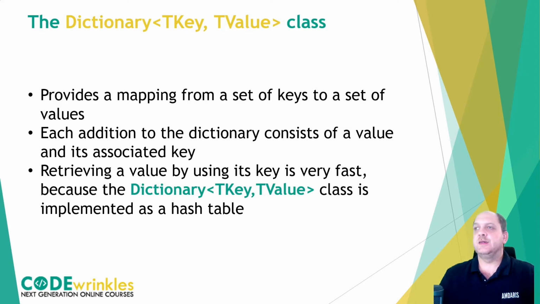Now, the concept of dictionary is very important, because as said, it provides a mapping from a set of keys to a set of values. The idea is that whenever you retrieve something from a dictionary, you retrieve it by the key. So you use the key to find that element in the dictionary, and if you find it, then you can access the value. The reason why we do this is because it is very, very fast.